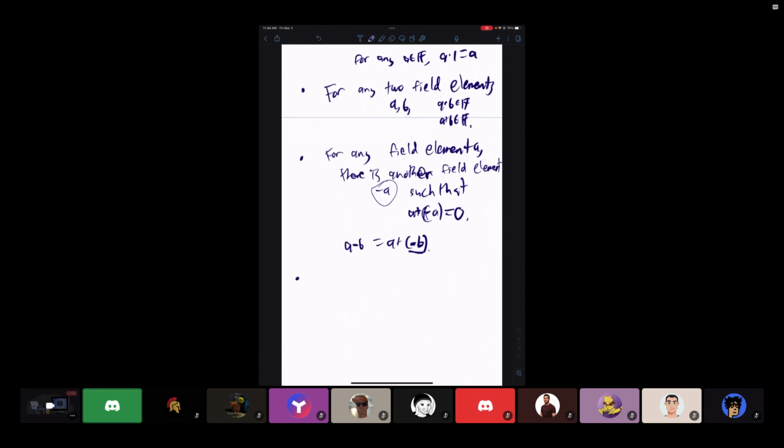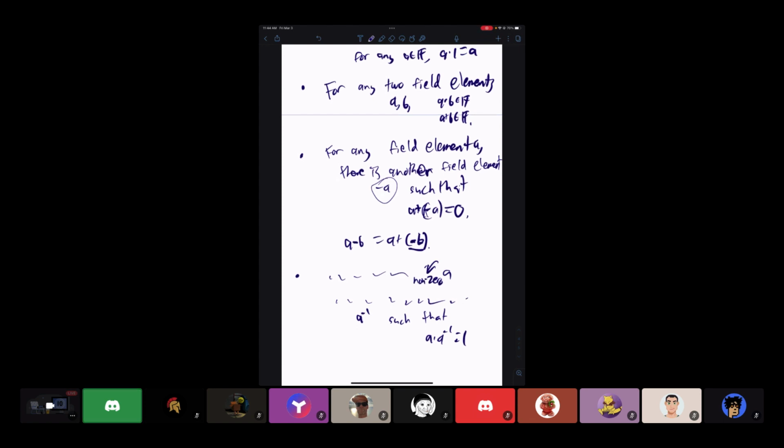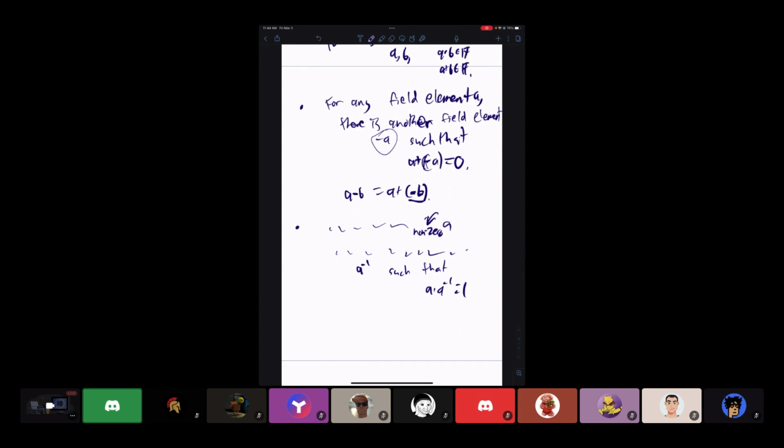Okay, so just two more properties we need. For any field element A, there is another field element, I'll call it A inverse, the multiplicative inverse of A, such that A times A inverse equals 1. But I should have clarified this requires A to be non-zero, because just as over the fields you're used to, you cannot multiply 0 by anything and get out 1.